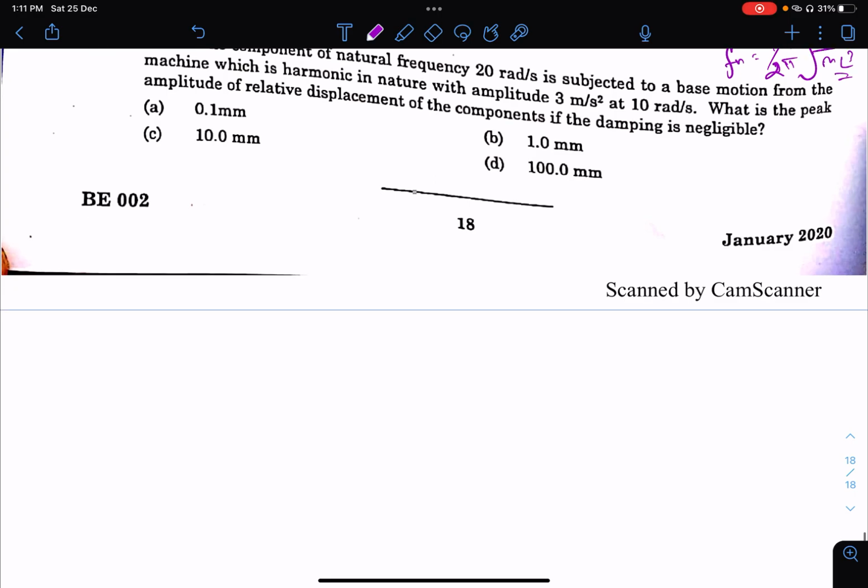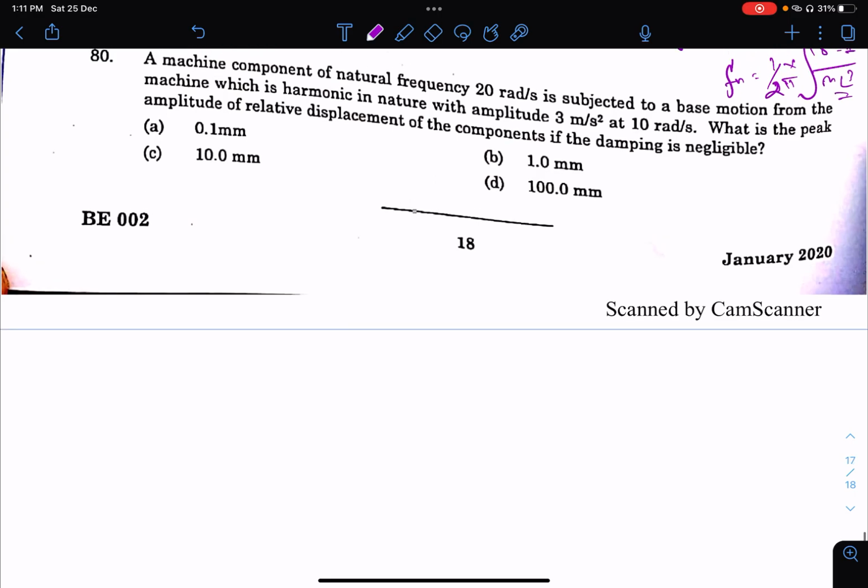A machine component of natural frequency 20 radian per second is subjected to a base motion from the machine. So the natural frequency is given 20. The base motion is harmonic in nature with an amplitude of 3 meter per second square at 10 radian per second. So omega is given 10 and amplitude is given 3.